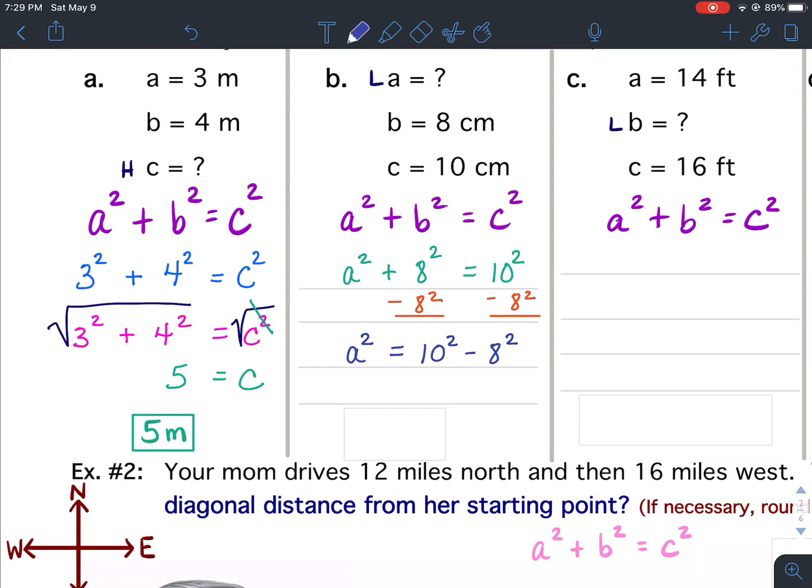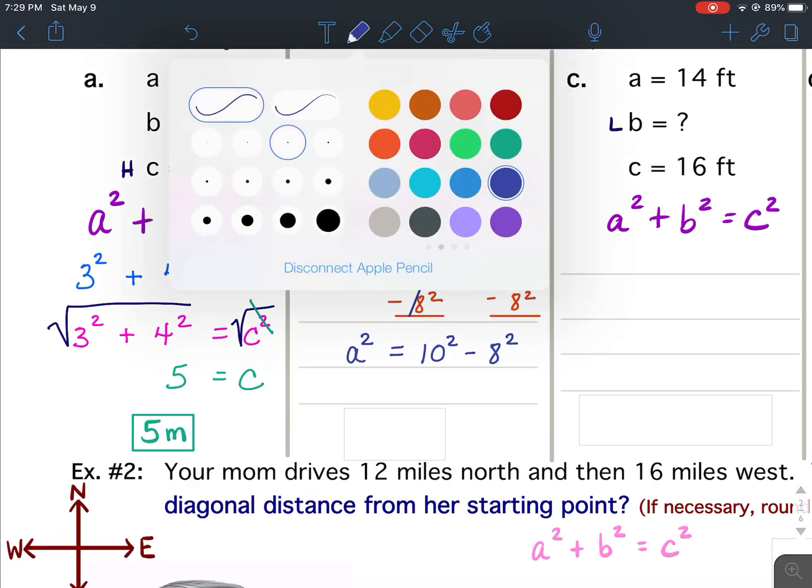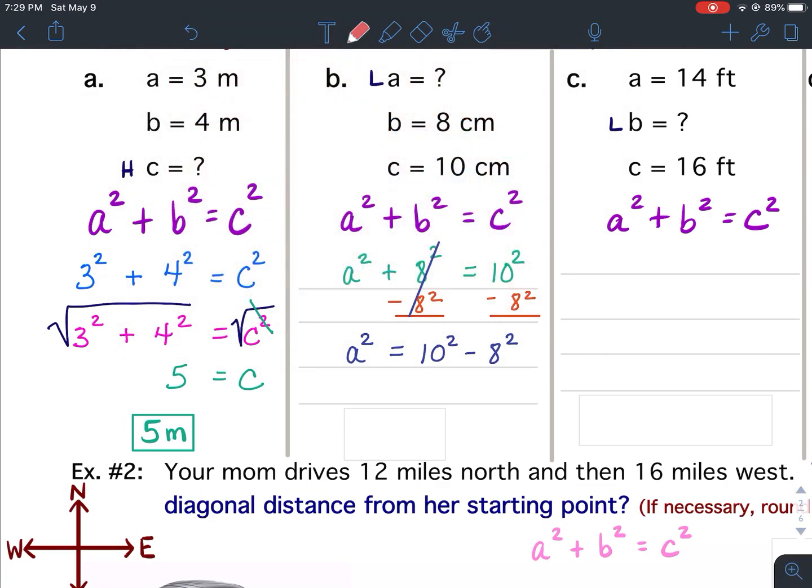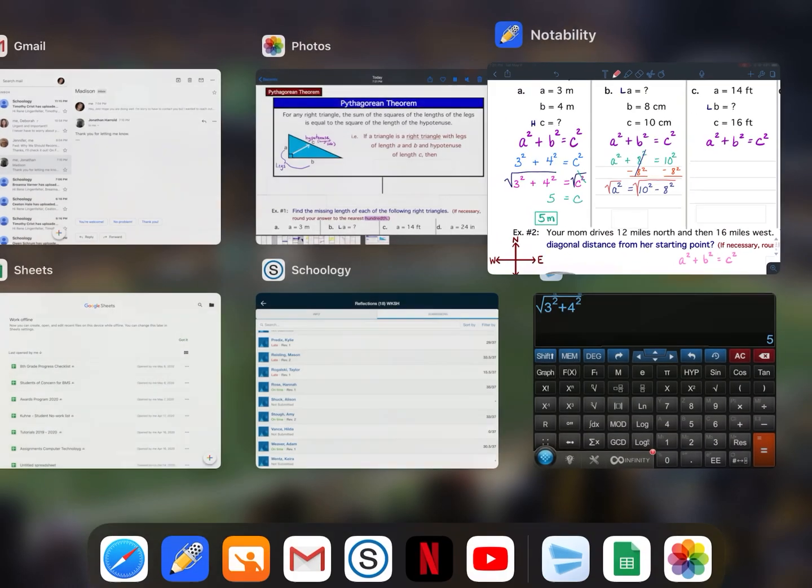Hypotenuse squared minus the leg squared, and I can cancel these out. Okay, now I have A squared by itself. I can take the square root of both sides. So I'll take the square root of A squared and the square root of the other side. And we're going to put that in our calculator.